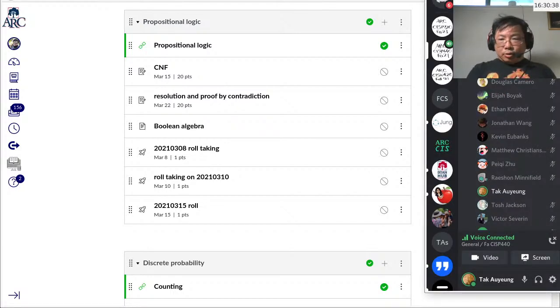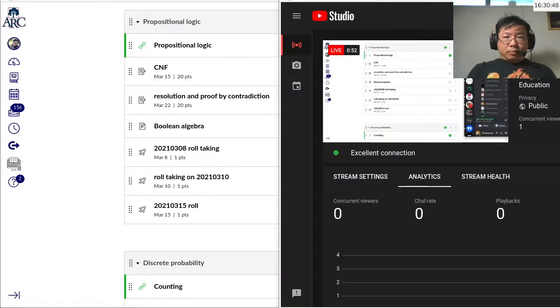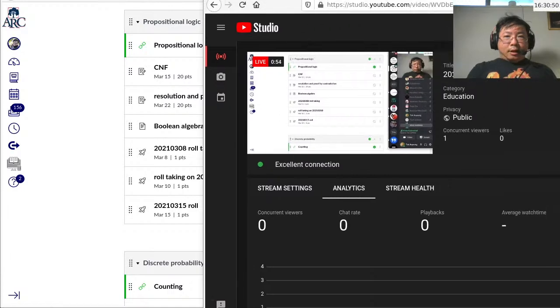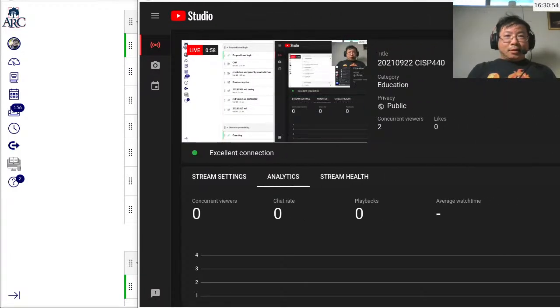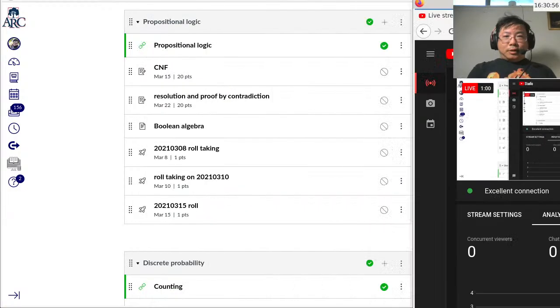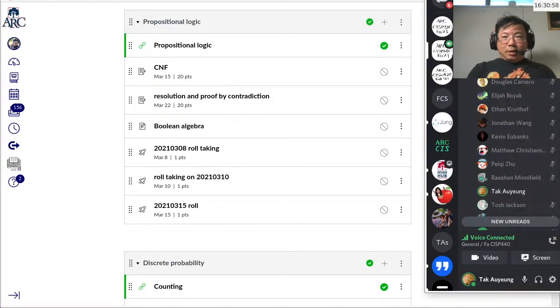I believe it is streaming. It's supposed to be streaming. Let me double check on the other side. Yep, it's streaming. See, I have evidence that I'm streaming. Whether you can see it or not, that's a different story.